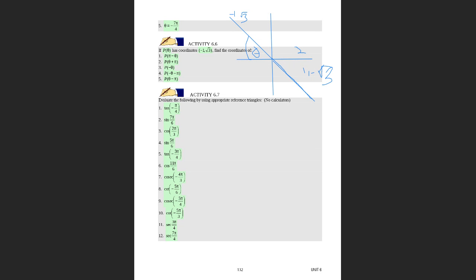Obviously, in the 4th quadrant, x is positive, y is negative. Does it make sense to you? Does it make sense?